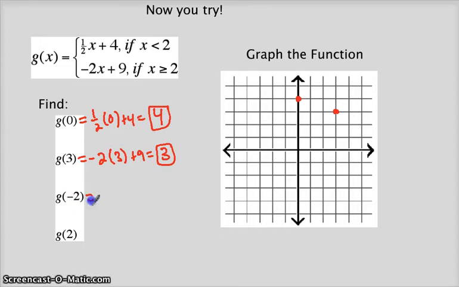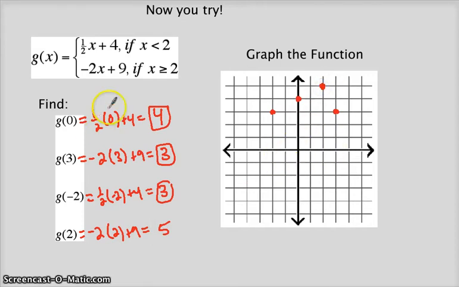And the same thing goes for my last 2 points. -2 falls being less than 2, so 1/2 of -2 plus 4 is -1 plus 4 is 3. So I can go to -2, 3. And also 2 is greater than or equal to 2, so -2 times 2 plus 9 gives me a value of 5, and I can plot the point at 2, 5.